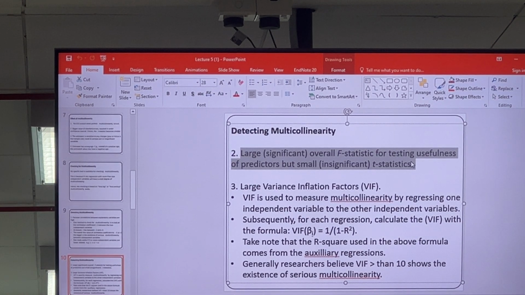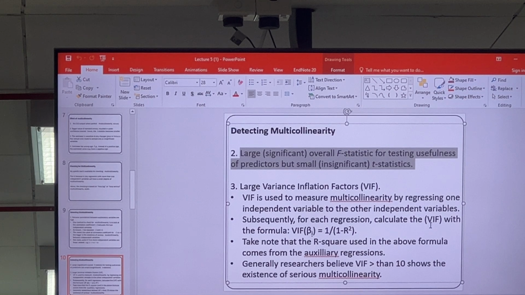For each regression, calculate the VIF with the formula VIF equal to 1 over 1 minus R square, the coefficient of determination, which gives us what we call the variance inflation factor.